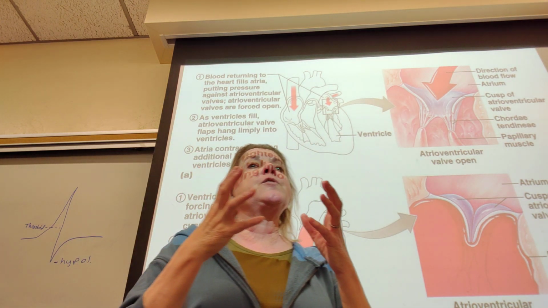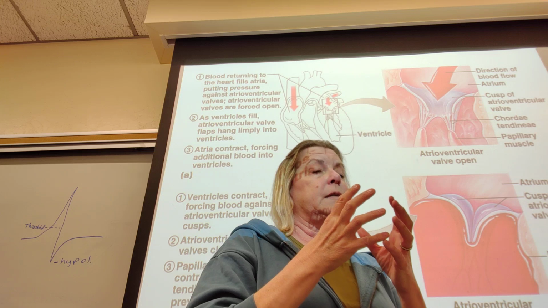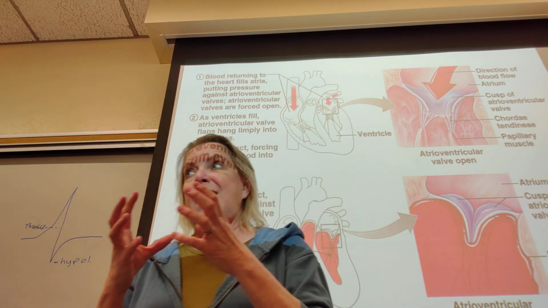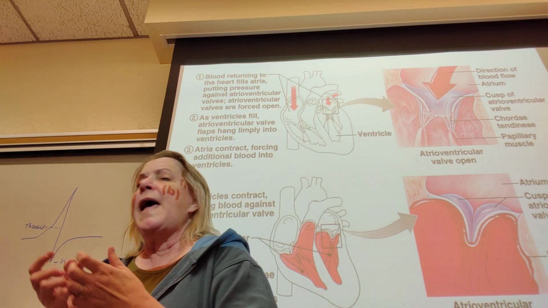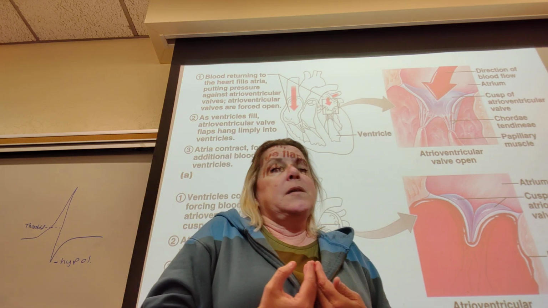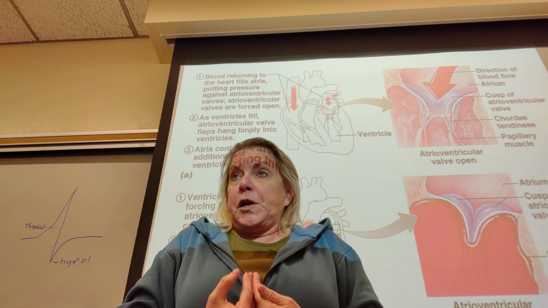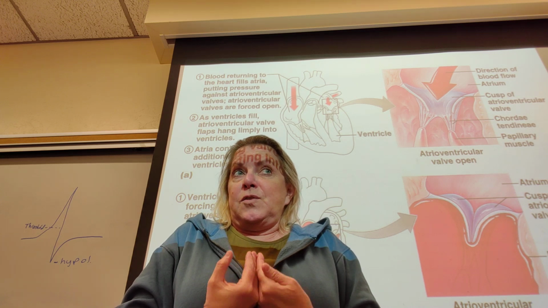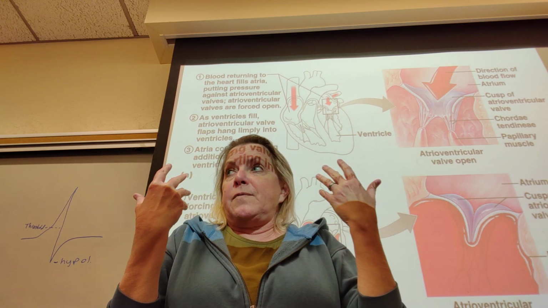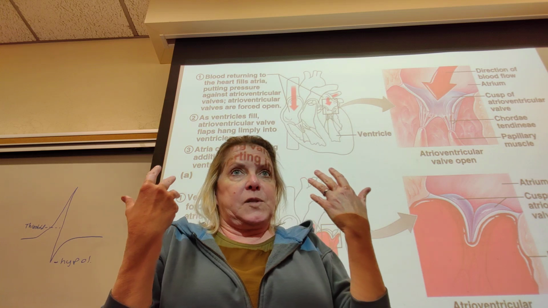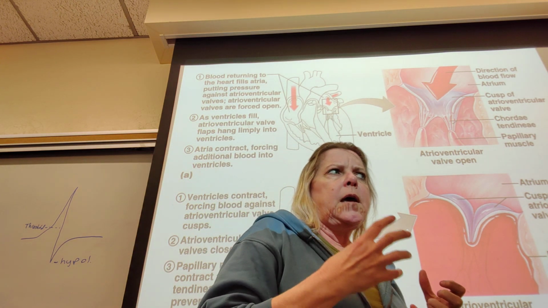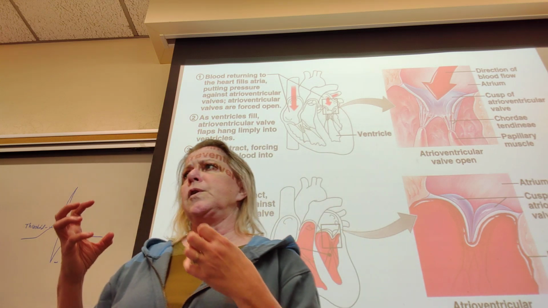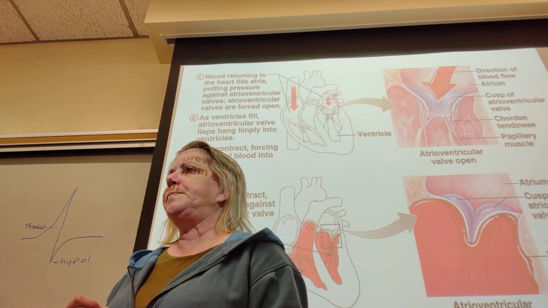And they start to contract. That's a mechanical event. But they have a lot of blood that they have to push on, don't they? And let's review, anatomically, the ventricles are inferior. You have to defy gravity, especially now when you're sitting up or standing up. So the ventricles really have to generate quite a good, forceful contraction.